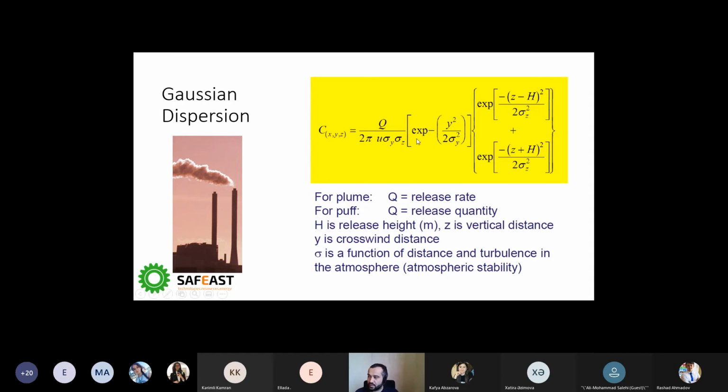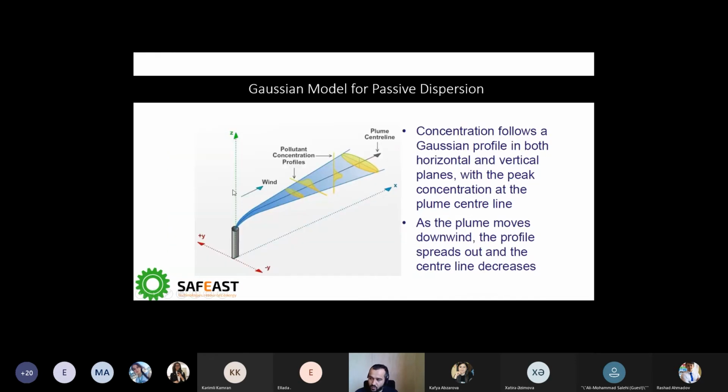With this Q available, which you can calculate from your source term modeling, you identify the concentration at a certain distance. This formula may look very sophisticated, but if you remember the three dimensions, this is X, Z and Y. On this axis you are interested in downwind, and on the other axes the Y and Z values are basically zero.